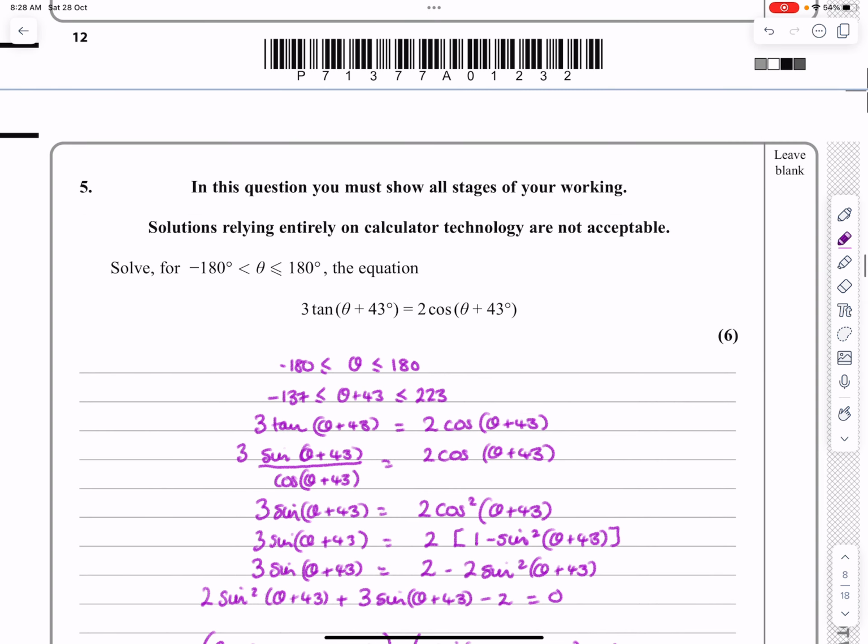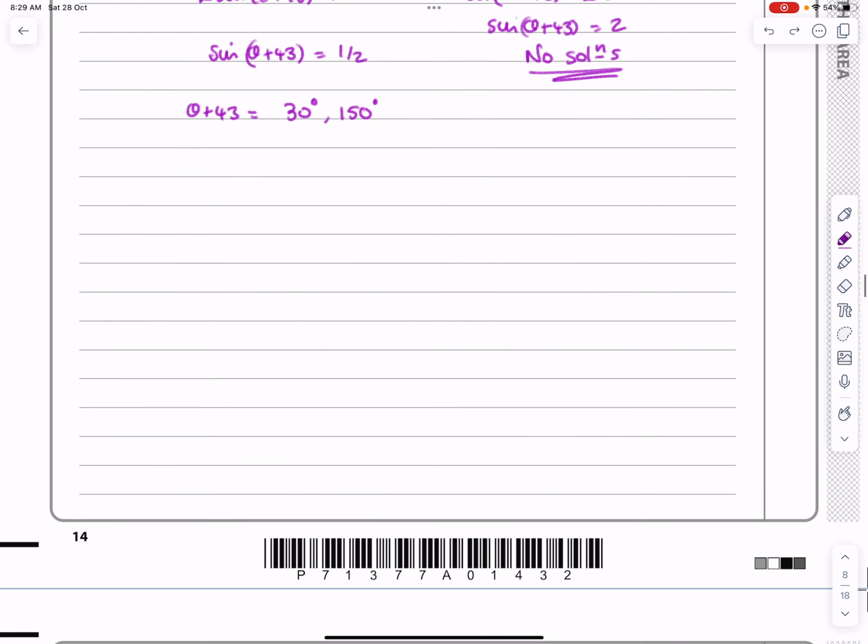Just go back and check the values that we're looking at there. Yeah, that's absolutely fine.